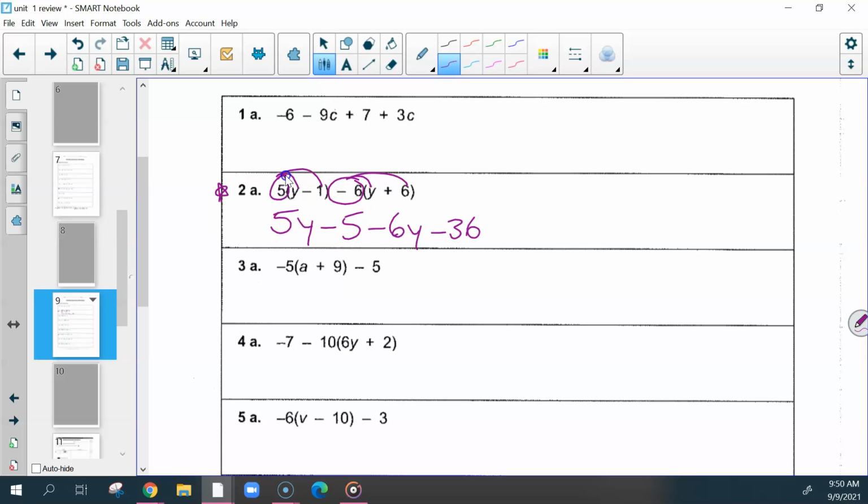Combine your like terms. What are those like terms? The 5y minus 5y minus 6y, which would give us how many y's? There's 2 different answers. There should be negative 1y or just negative y. And then negative 5 minus 36 would give us, Felix? Okay.